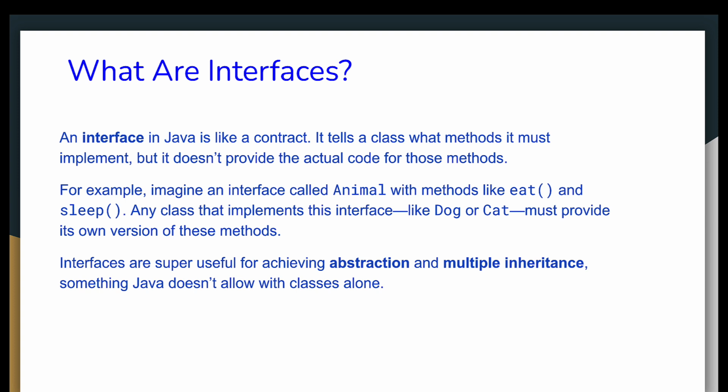Interfaces are super useful for achieving abstraction and multiple inheritance, something Java doesn't allow with classes alone. So that's why we can't just have Java classes and manage everything with that. This provides a layer of abstraction: I just specify that interfaces should have these methods, but how exactly to implement that, the class has to take care.